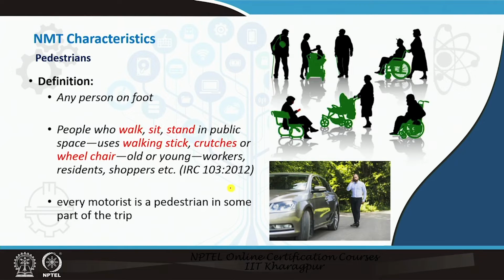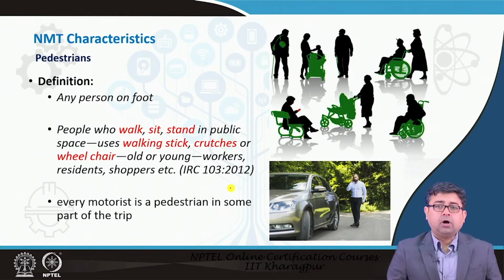This is a definition given in IRC codes. So, it encompasses everybody who is on foot, who is standing, who is running, playing around, a mother with a toddler in the stroller, a person on a wheelchair that is being pushed by another person. So, when we are designing any pedestrian facility, we are looking at each and every one of them.